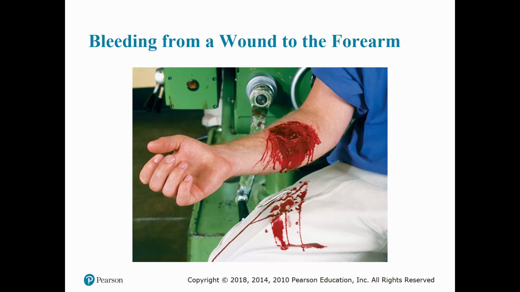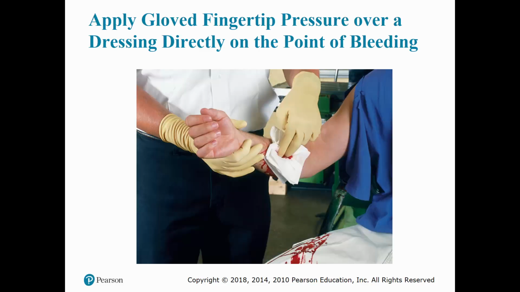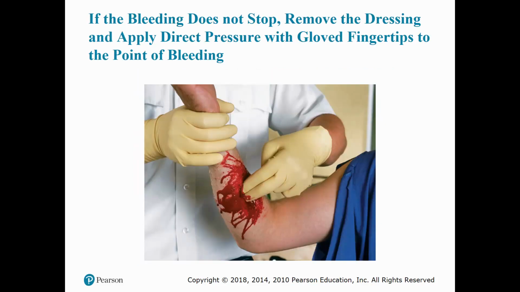If you have an injury to the forearm, apply that fingertip pressure. If it still continues to bleed, apply direct pressure with your gloved fingertips to that point of bleeding.